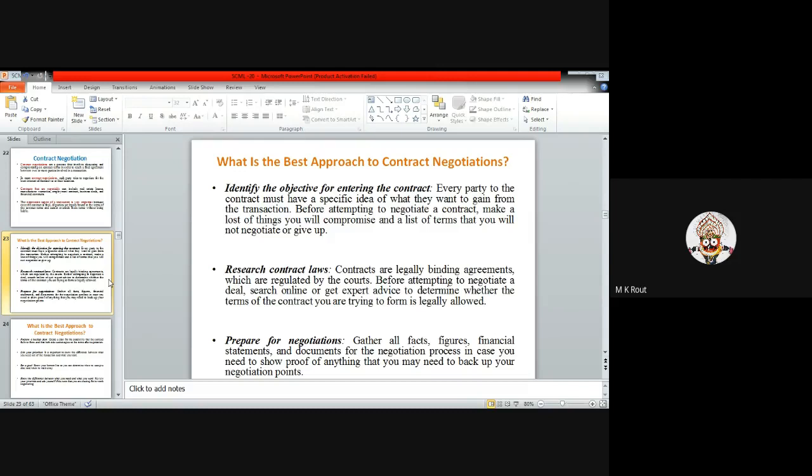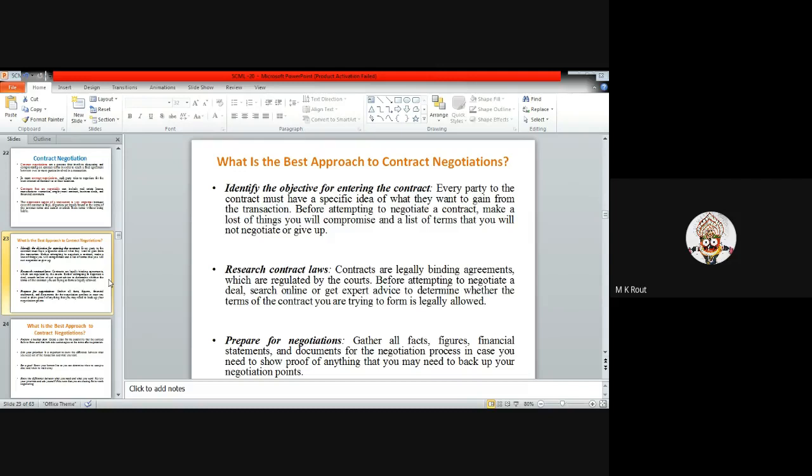In that case, you have to first see the objective of your contract before entering. In this case, every party to the contract must have a specific idea of what they want to gain from the transaction. As far as this stone crusher idea is concerned, both parties, starting from the government, want to maximize its royalties, and the second party will maximize profit.